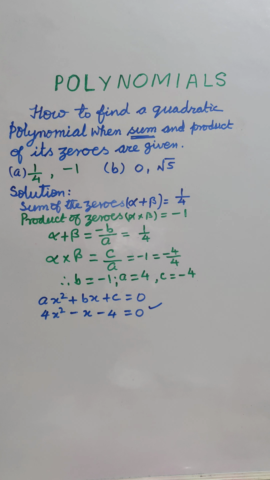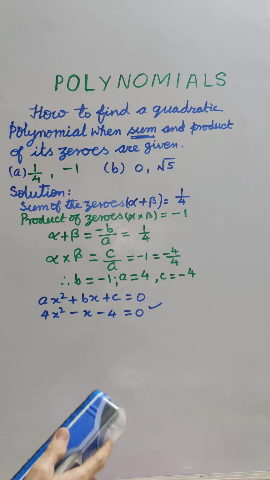Now we are solving second part, part B, with both the methods. First we shall use the first method, which is the direct formula method, and then we use this method.